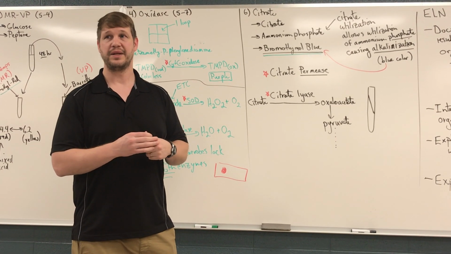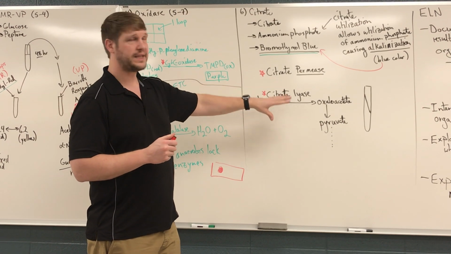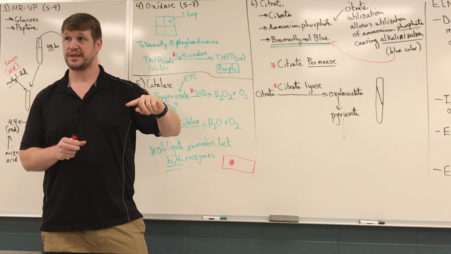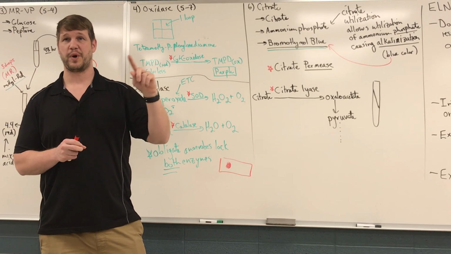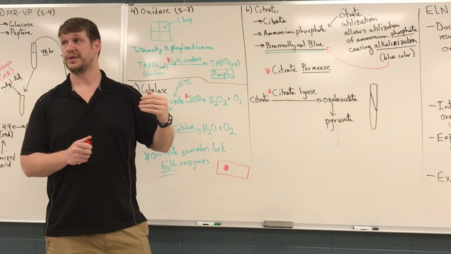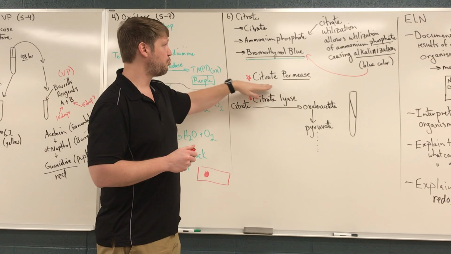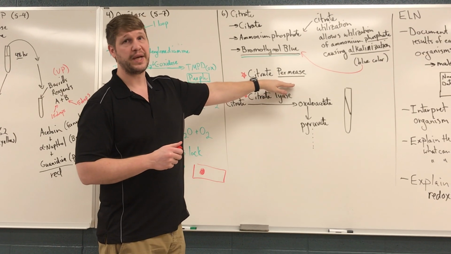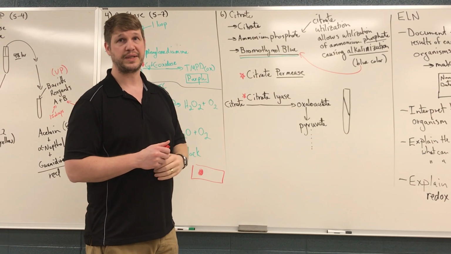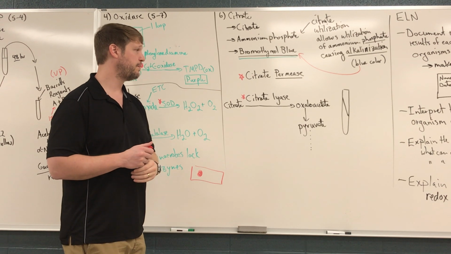Okay, so in this test, we're not really testing for the capacity of the microbe to utilize citrate. We're testing primarily whether the organism can take it up from the environment. So we're testing for a specific protein called citrate permease. This is a transporter for citrate to allow it to get into the microbe.